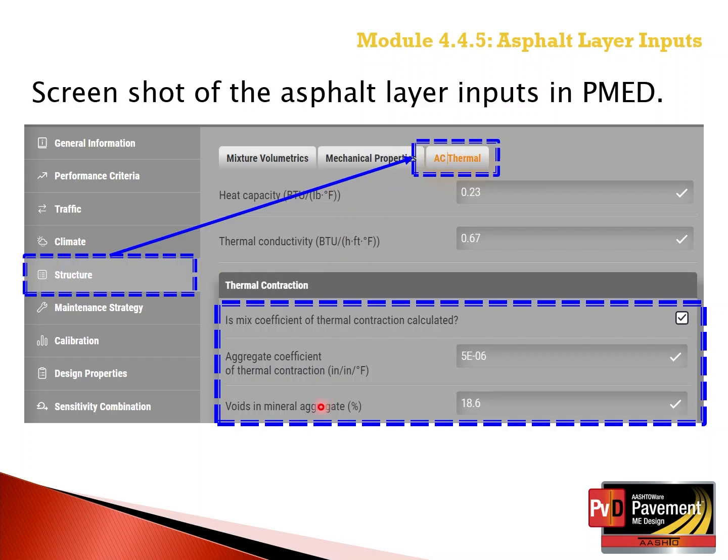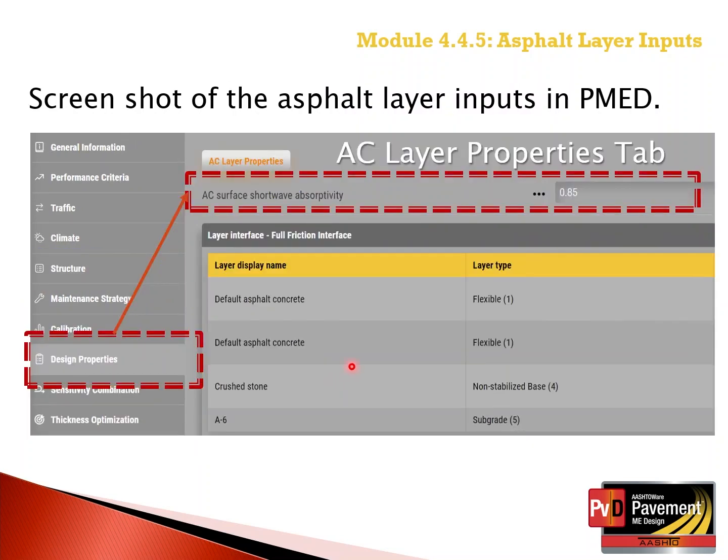The other AC thermal property required is the asphalt surface shortwave absorptivity, which is included in a separate folder shown on the next slide.